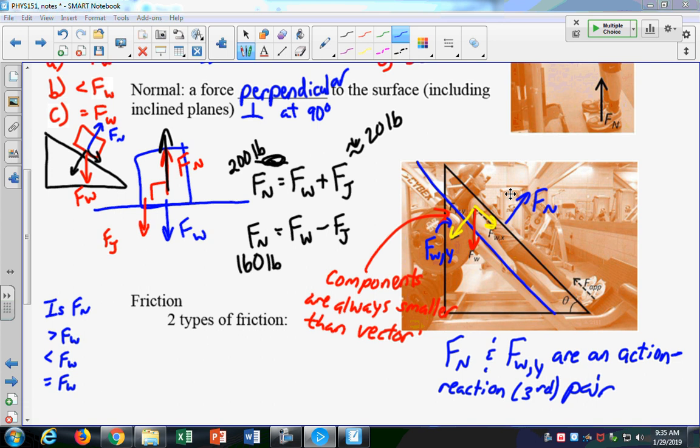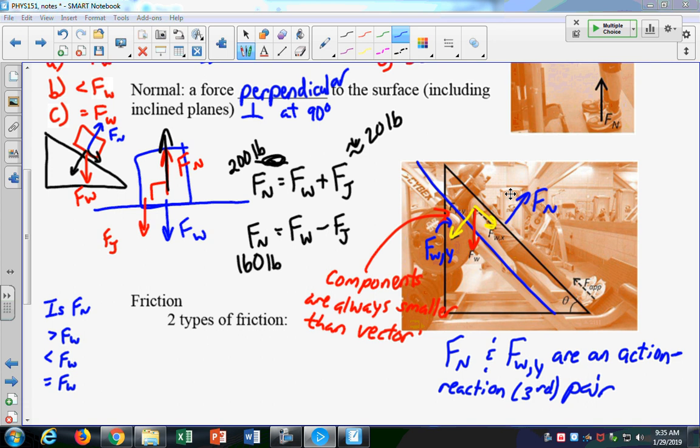So, a couple things we put together. One, that this is a component of the weight. Components are always smaller than their vector that they make up. So FWY is smaller than the weight. And then 2, FWY and FN are an action-reaction pair. I can tell that because this one's in this direction, and this one is in the exact opposite direction.